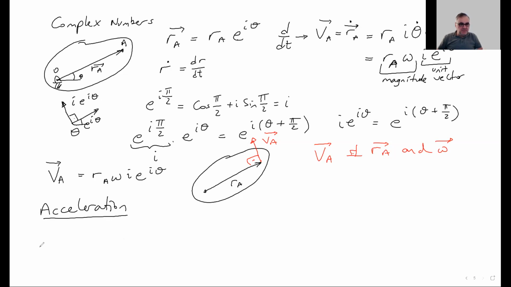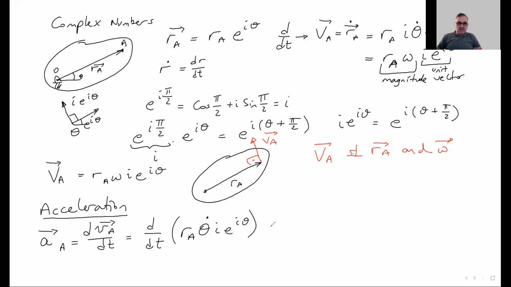Acceleration is the vectorial derivative of the velocity, which is d by dt of, well, let's use this expression, RA omega i, well, let's use theta dot here, i e to the i theta.